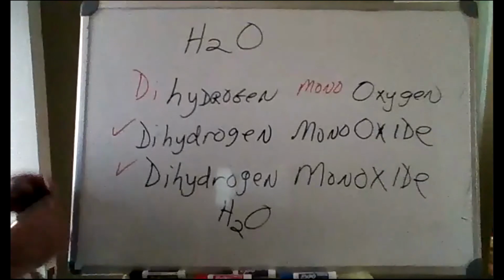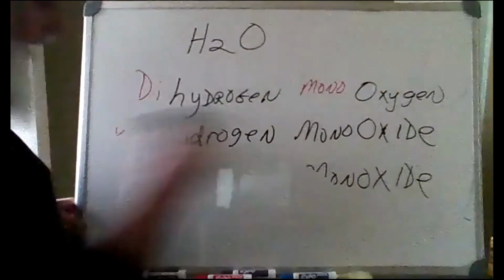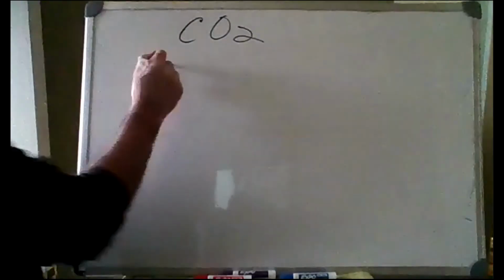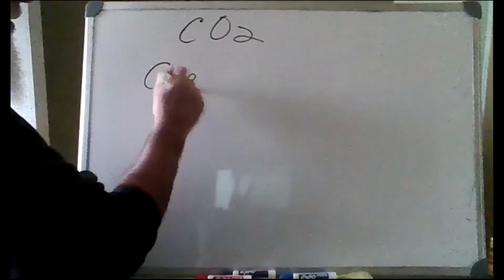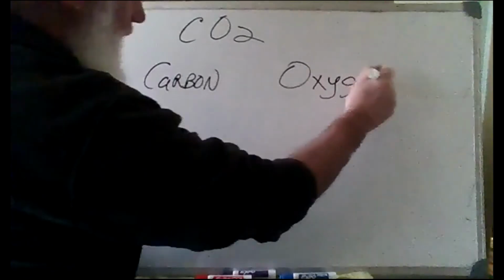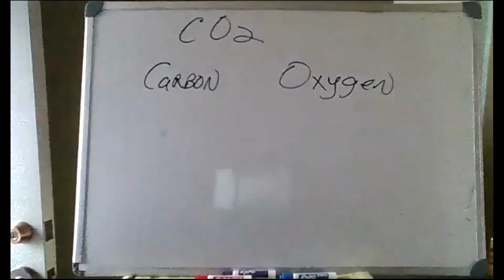Now, let's look at another one. What's the deadly gas that you breathe out every breath you take? Carbon dioxide. So let's look at that one. CO2. I'm going to write down the names of the elements: carbon and oxygen. That's rule number 1.